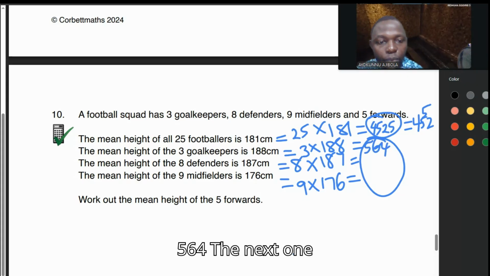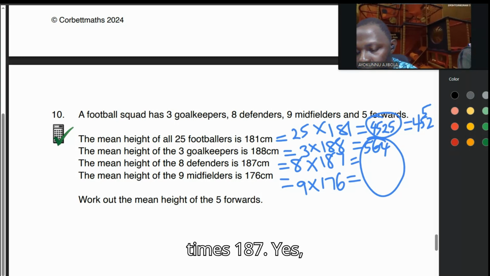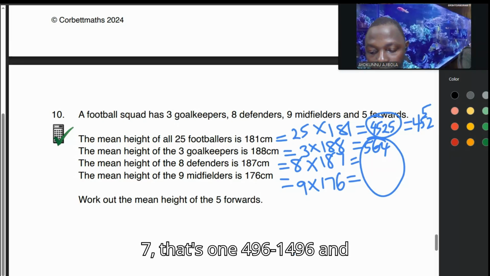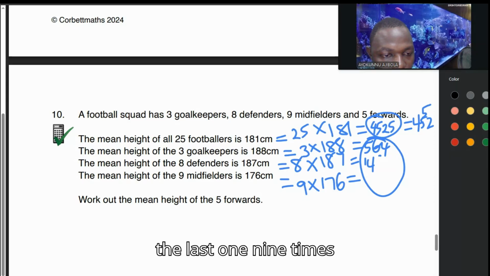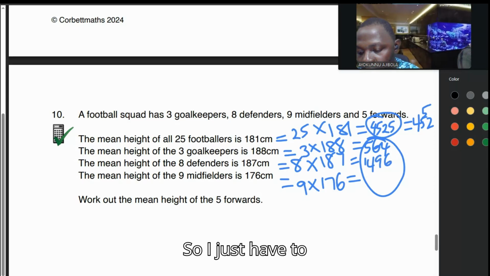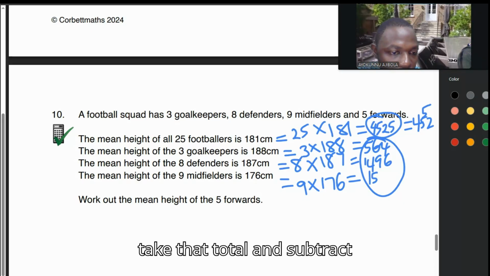The next one is 8 times 187, that's 1496. And the last one, 9 times 176, that's 1584.